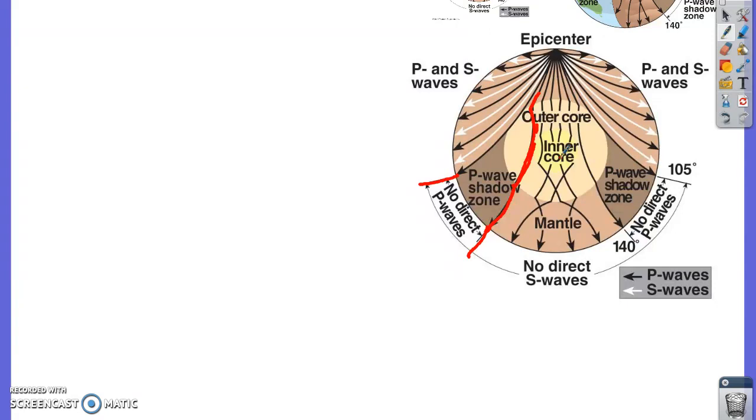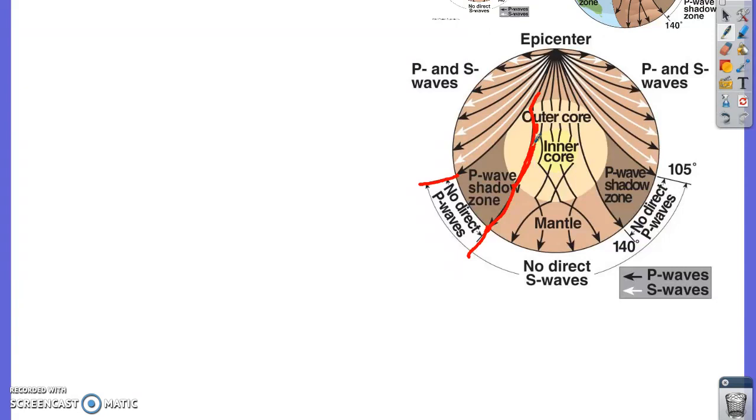Basically, the S waves disappearing told us there must be a liquid layer here, and the P waves slowed down when they hit that area, which makes sense because they would slow down in a liquid.